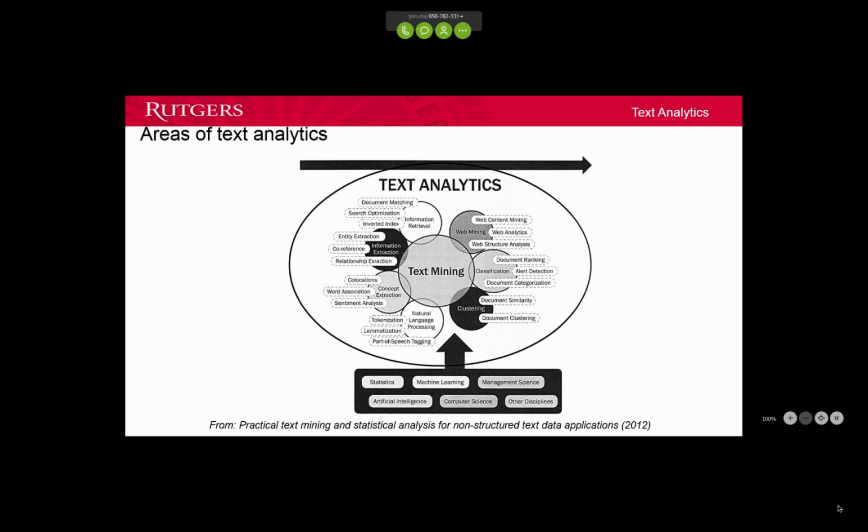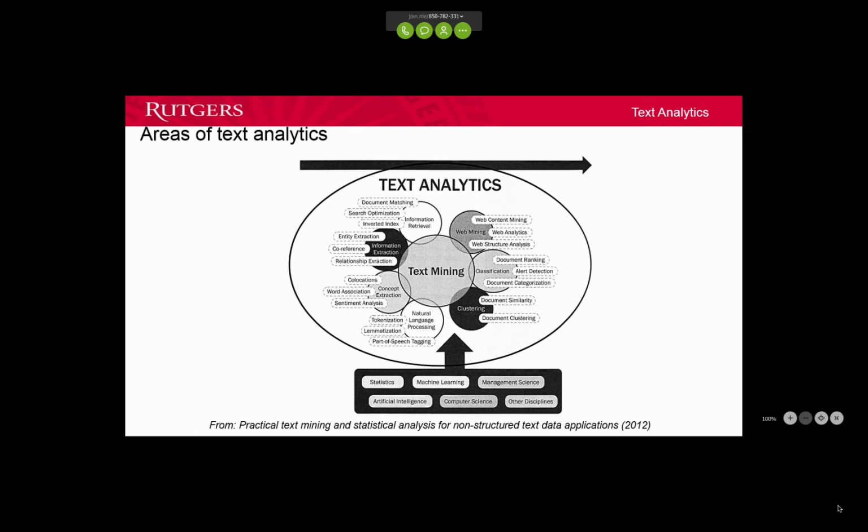Okay. So how about classification? This is the area of text analytics that would include our naive Bayes problem that we worked on last time, where you're classifying tweets as either related to the Mandrill app we looked at, or related to something else.